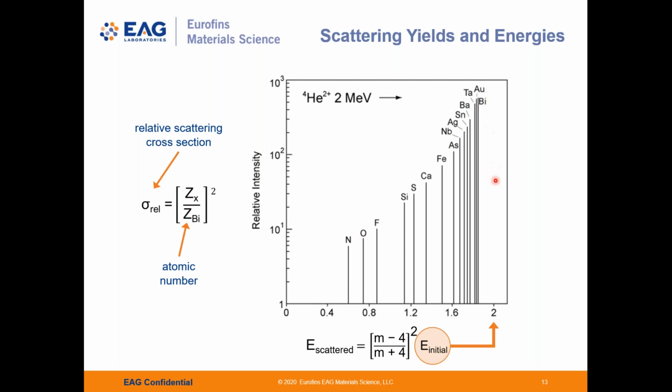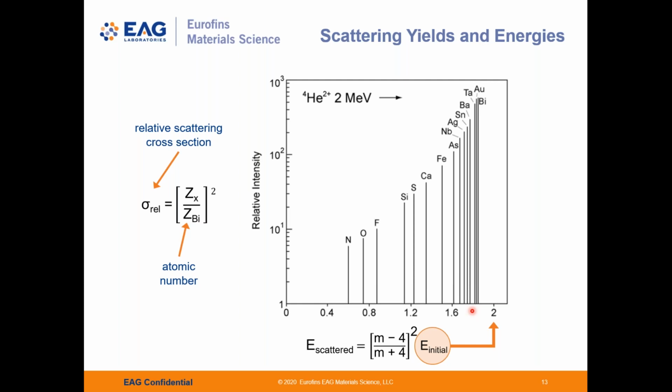However, mass specificity, the ability to separate one atom or one element from another, decreases with increasing Z. In practical terms, this means that having a priori information about the elements expected to be in the sample is necessary for proper quantification.